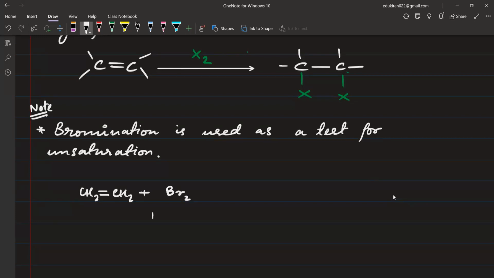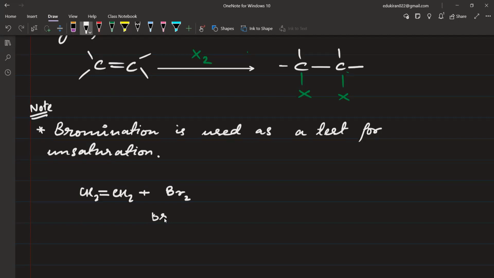Now Br2 is brick red or brown in color. I just forgot if it is brick red or brownish, they are quite similar. It is deep red, brownish red. Fine.